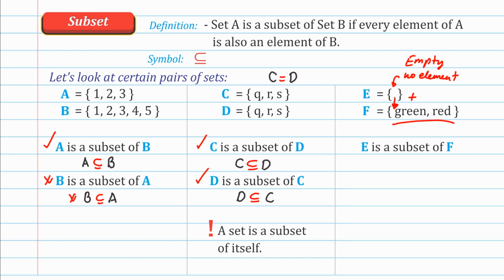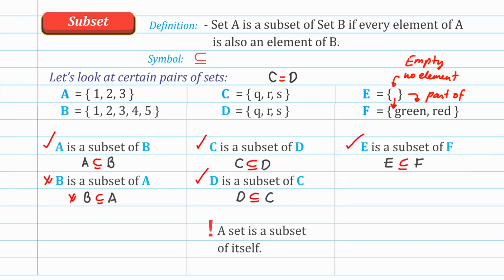That means the no element is now part of set F. But the resulting set, which is still the same thing, green and red, is practically the same as set F. Which further means that this no element is actually there in set F. It is part of set F all along.